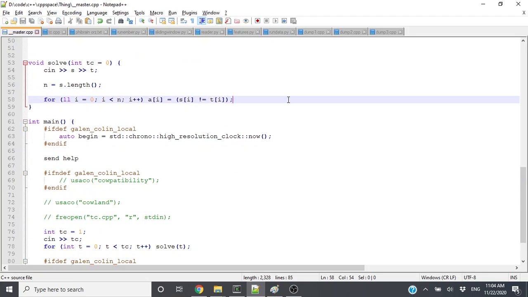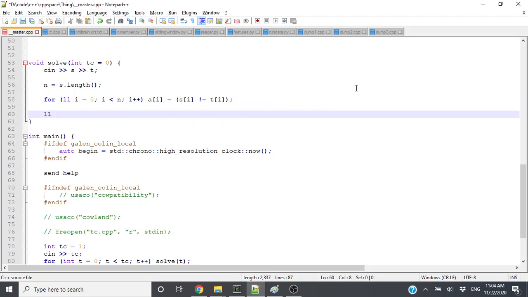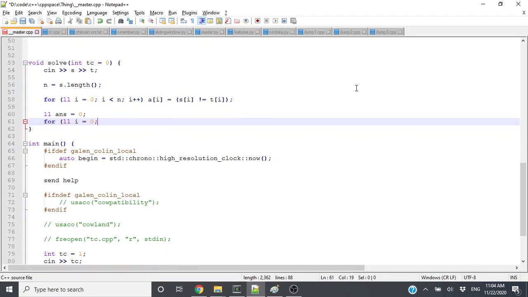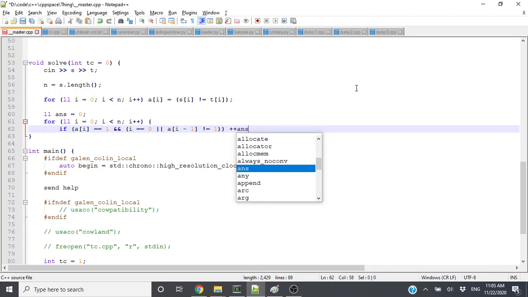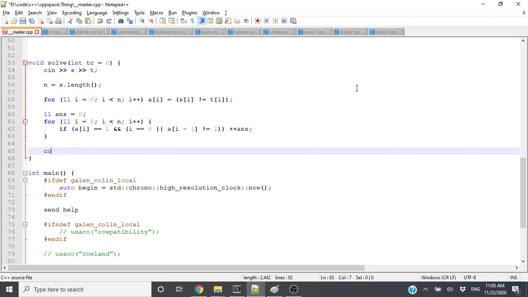And this should be test cases. Now, if a i is equal to 1, and either it's the first character, or the previous one is not equal to 1, which means we're at a new group, then increment the answer and print that.